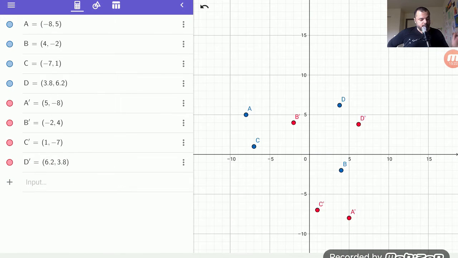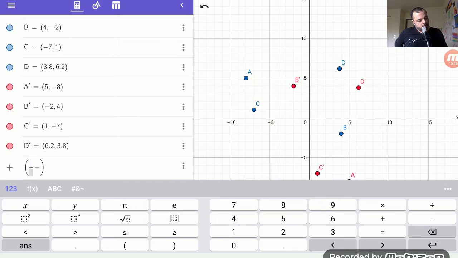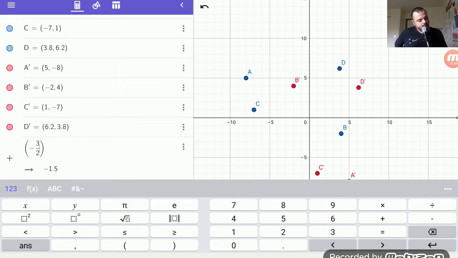The first midpoint, let's plot this point. So you got -3 over 2, comma, -3 over 2.